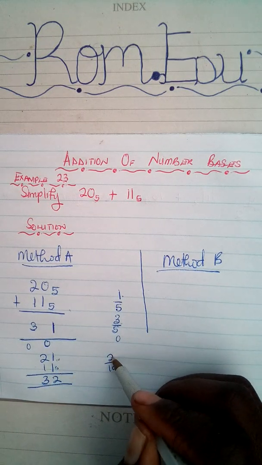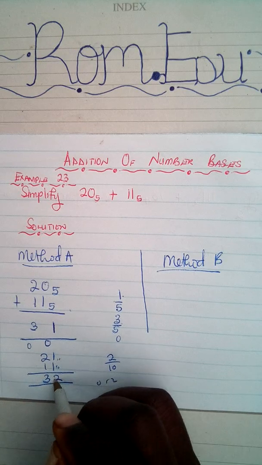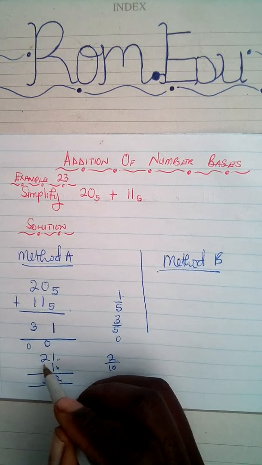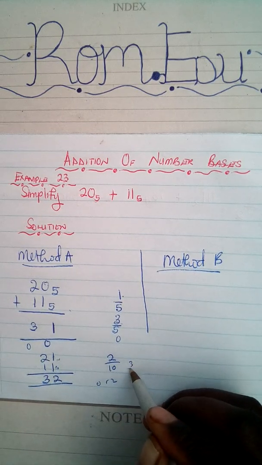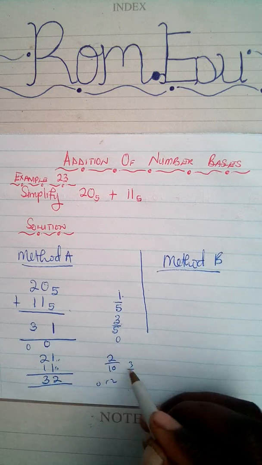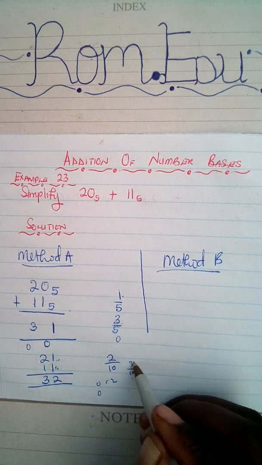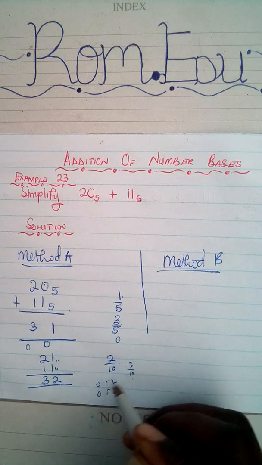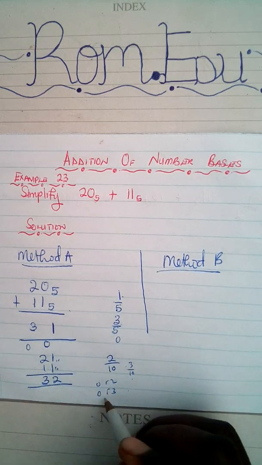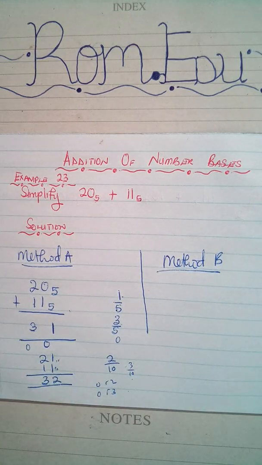So 10 into 2 is 0, remainder 2, I write my 2. We do the same thing. 2 plus 1, that's 3. 3 divided by the base 10, 10 into 3 is 0, remainder 3. Then I write my remainder. So this is how we've been doing it all along in the denary system.